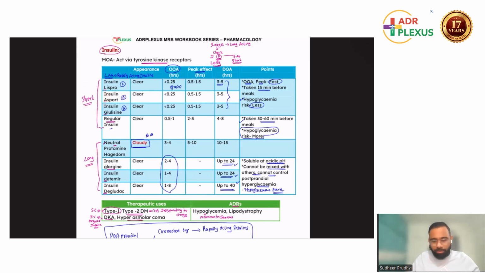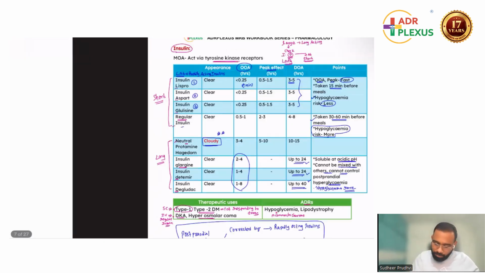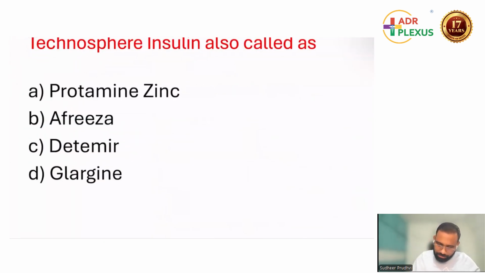Long-acting insulins contain 'large' in their name, or are the drugs which start with a D. Here you can see glargine, containing 'large' in its name. This is a long-acting insulin. And the insulin starting with a D, detemir, is also a long-acting one.